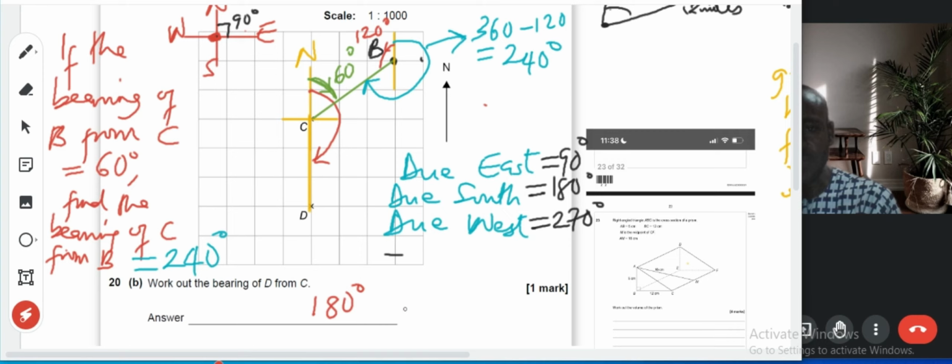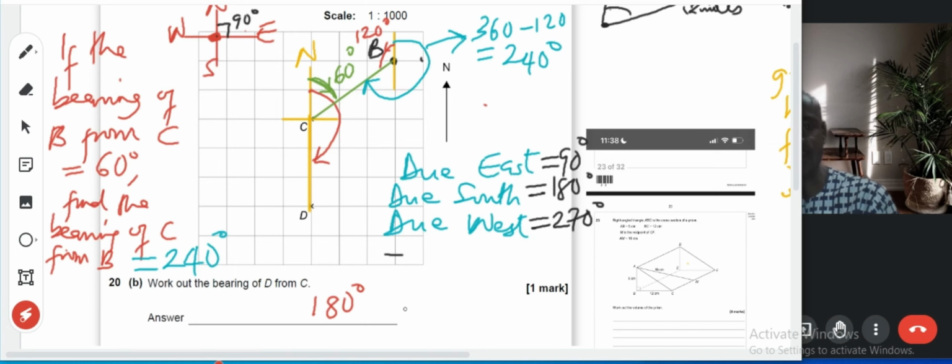Now, assuming there's another point B, such that the bearing of B from C is 60 degrees. This one I showed in green. Now, find the bearing of C from B. This time around, it is from B. How much will you cover in terms of the angle before you see C?